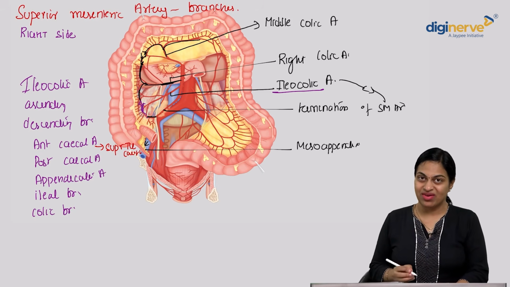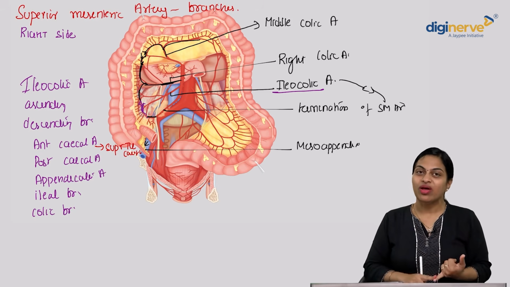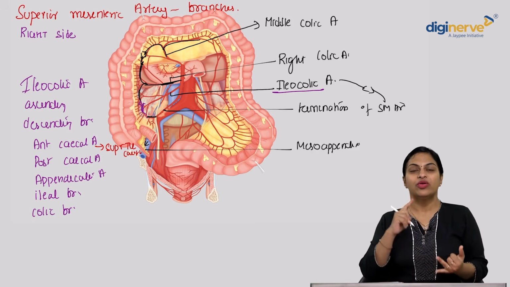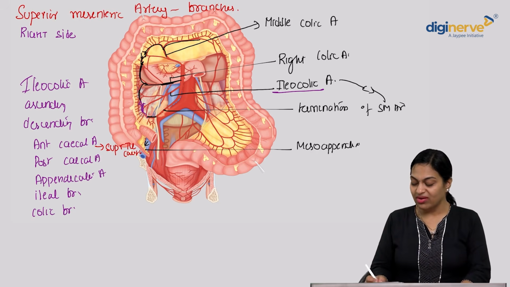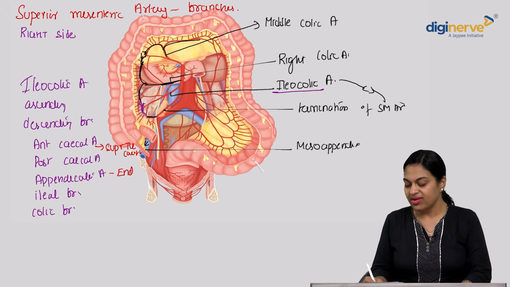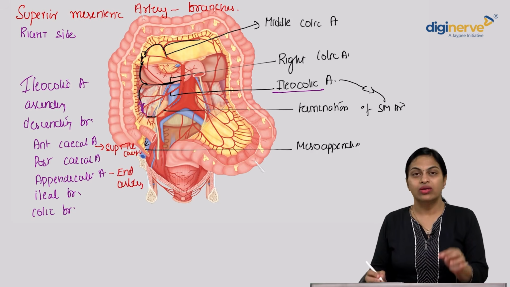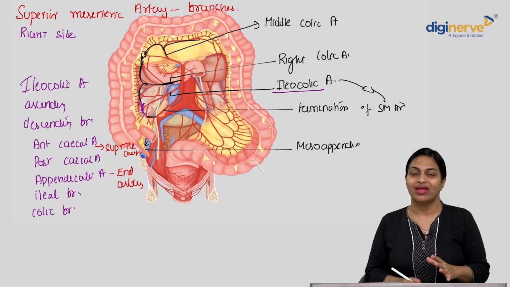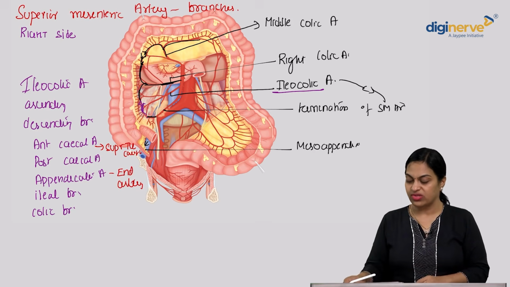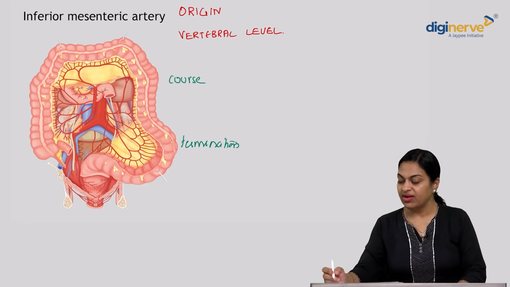Another thing to remember is that, similar to the supraduodenal artery and the splenic branches of the splenic artery, this appendicular artery is also an end artery. So occlusion of this appendicular artery can lead to ischemia and necrosis of the area supplied by it. So, that was about the superior mesenteric artery.